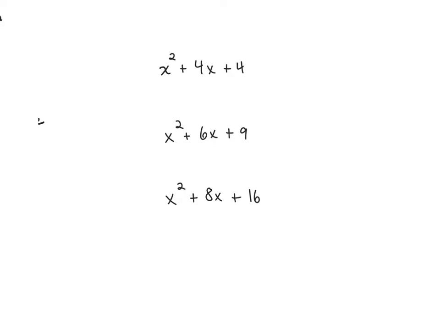They're called trinomials because they have three terms. Trinomial means three terms, but they're a special type of trinomial called perfect square trinomials. They're called perfect square trinomials because when we factor these, they factor into two identical factors.